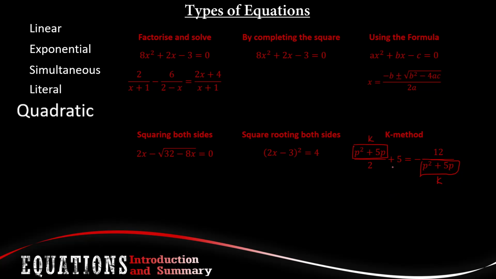Then we can solve the equation, which is much simpler in terms of k. And once you have k's value, you can equate p squared plus 5p to the value of k and solve for p from there.